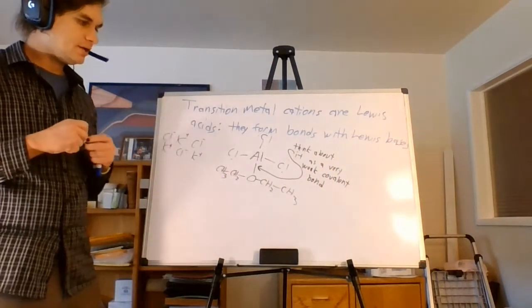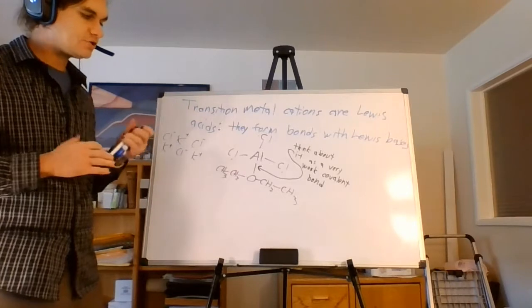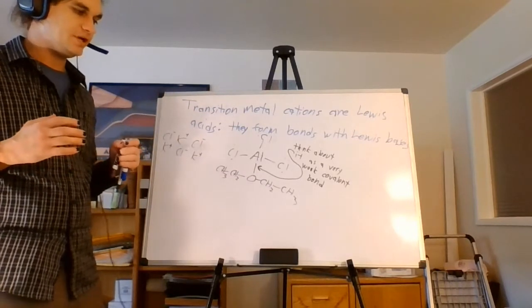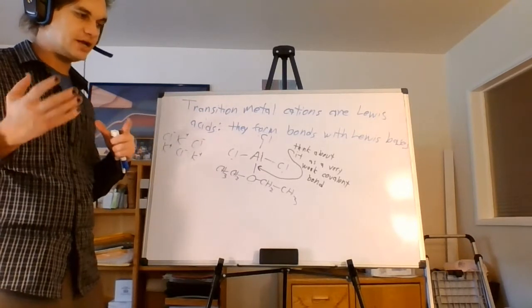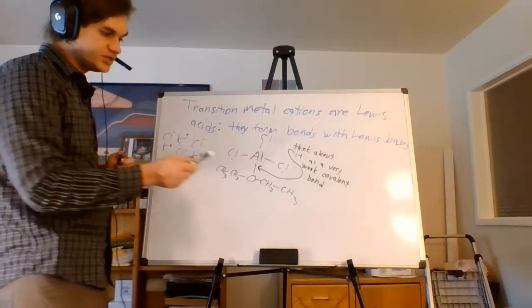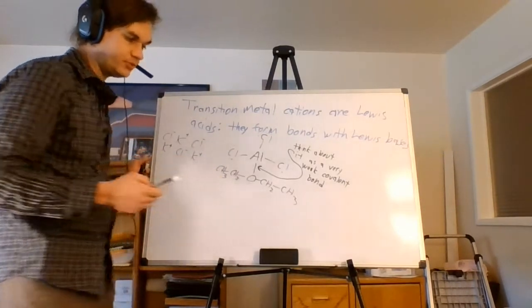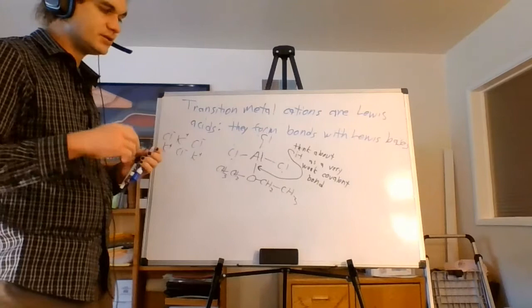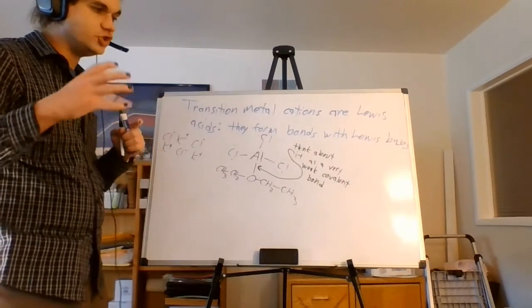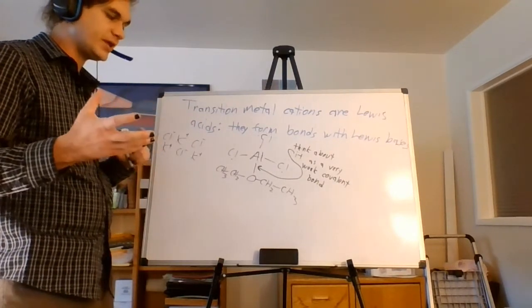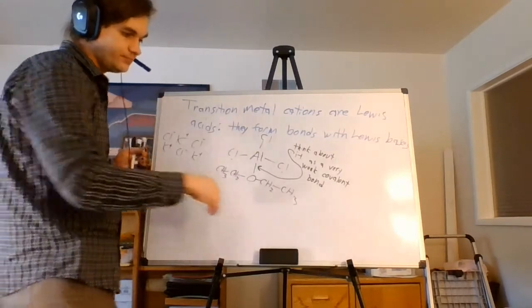It is nowhere near as strong as a bond between an oxygen and a carbon. It's nowhere near as strong as this bond, for example. But it is still very strong. It's not just that the molecule happens to be around.